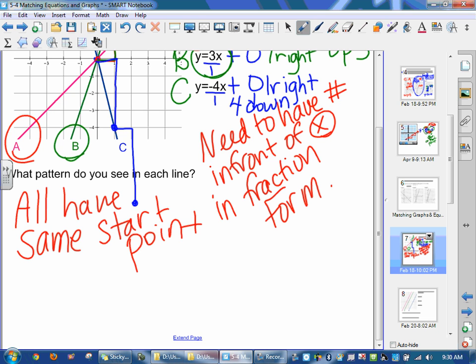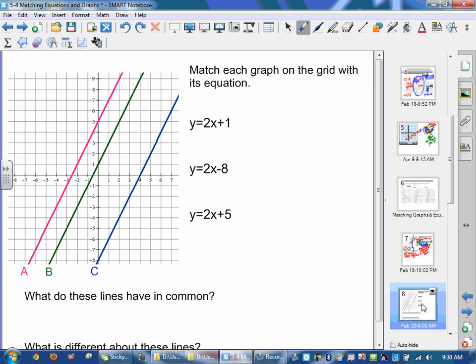So now we've got parallel lines. Well, what do you notice about their start points? Are their start points different? Yes. So start points are different, but what's the same this time? The 2x. What do we call the number in front of the x?